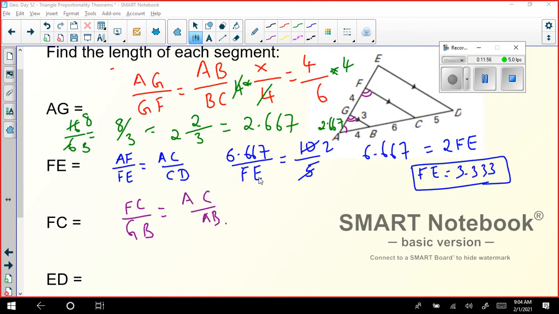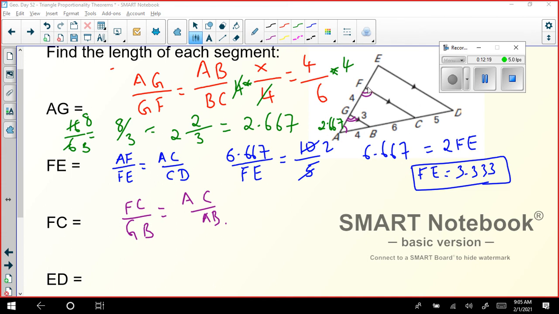Okay, you have to either apply the proportionality theorem or any of the previously learned concepts. In this case, you can easily see that these two triangles are similar. Triangle AGB is similar to triangle AFC. So therefore, their sides will be proportional.